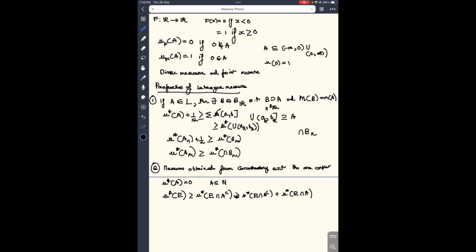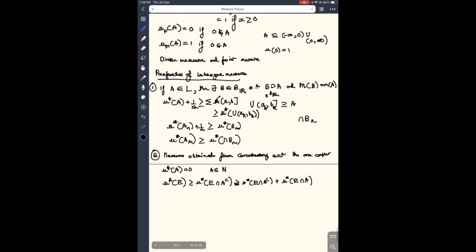So A is actually mu star measurable, so the sigma algebra is complete.